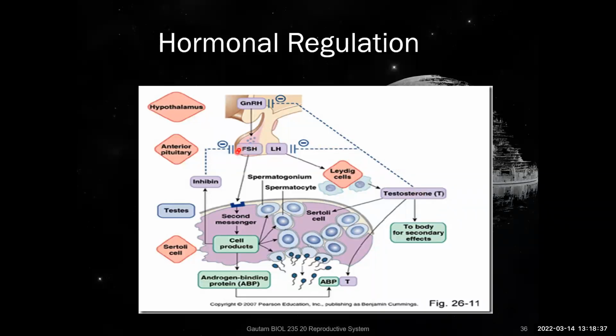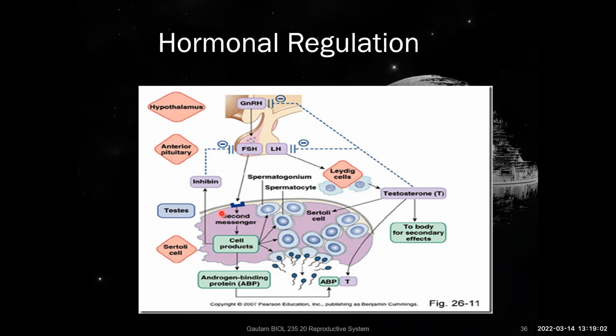In the meantime, FSH travels to the testes, right? And on the testes, you have receptors for FSH. The FSH and receptor binding together works via this second messenger pathway. You don't need to know about this for this lecture.